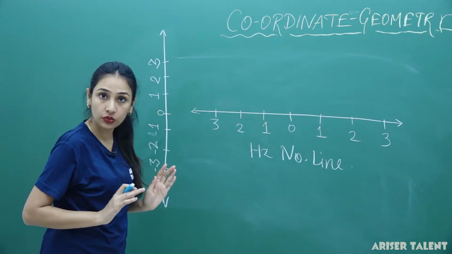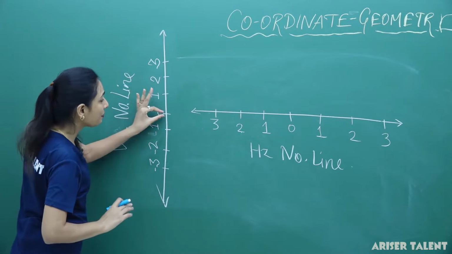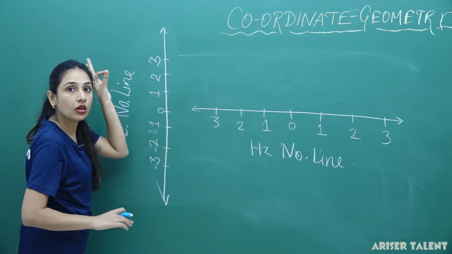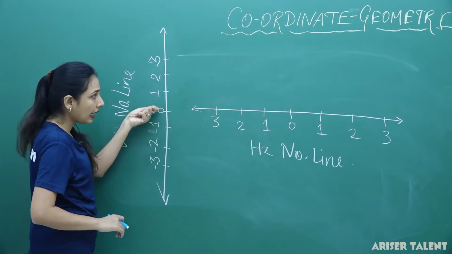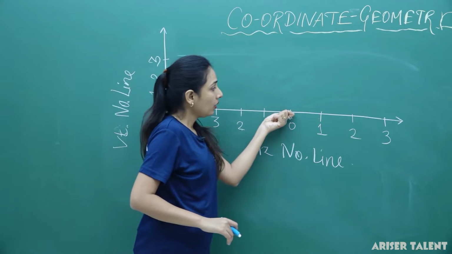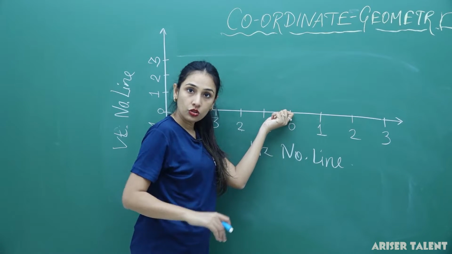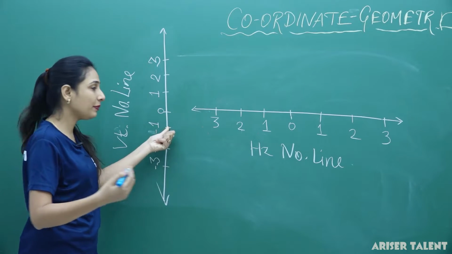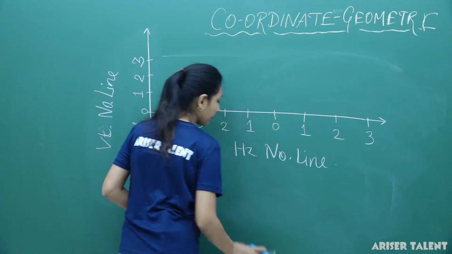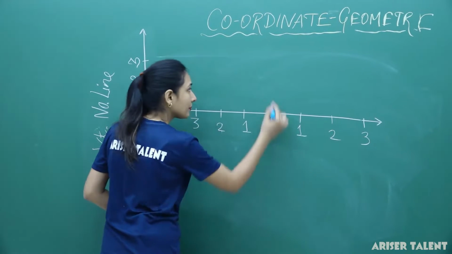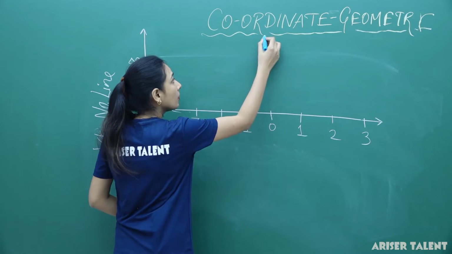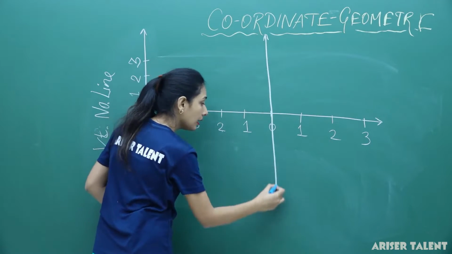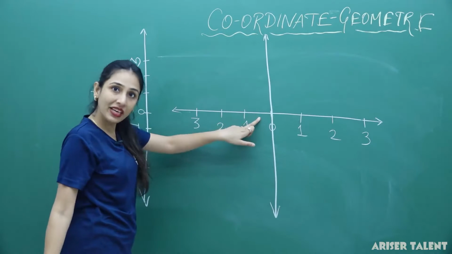Now what will I do? I will just pick this 0, this line from this 0, and overlap it with this 0. So basically I am meeting this 0 to this 0. So how will it be now? That will become this line here, where 0 will be overlapped by 0.